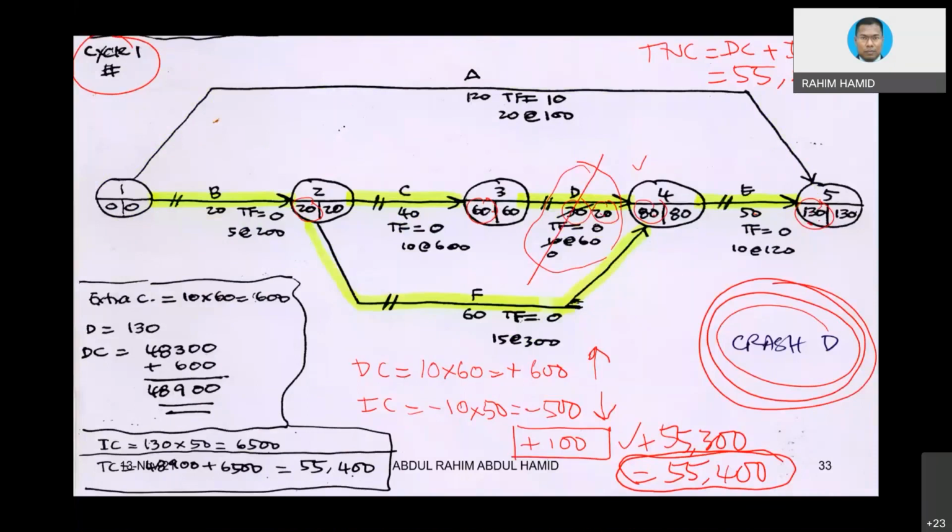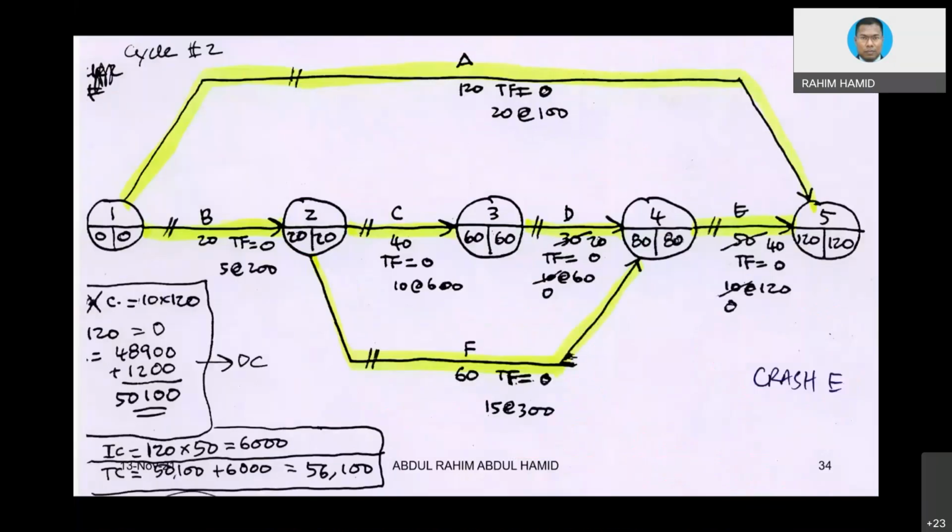So which activity are we going to consider? It looks like E is the cheapest one. Is it possible? Well, from the answer, it looks like I did crash E, because E is at the end there. So whatever happens, it should affect the project duration. Now let's focus on E. E is completely crashed; it cannot be crashed anymore.